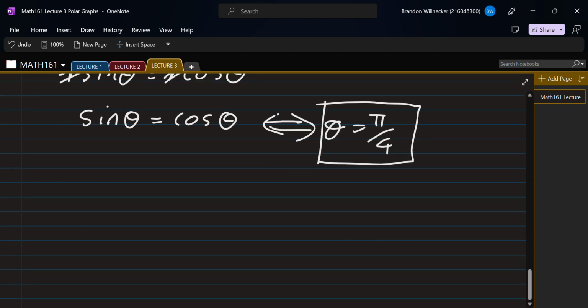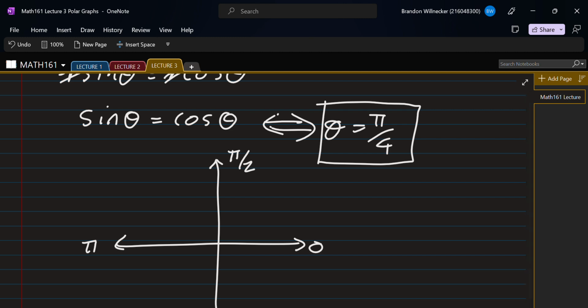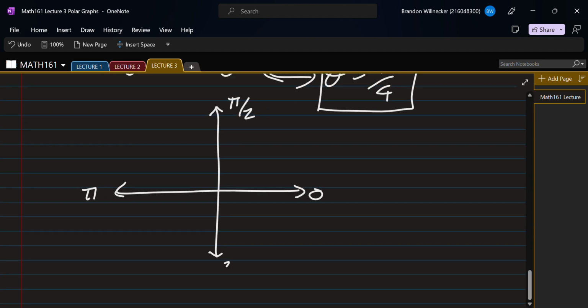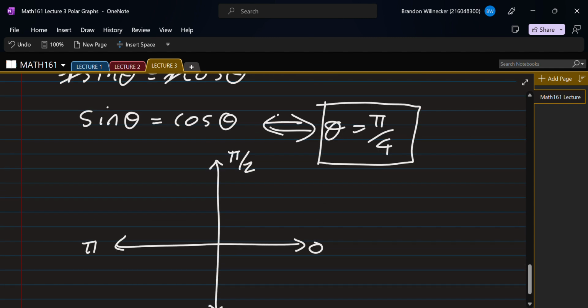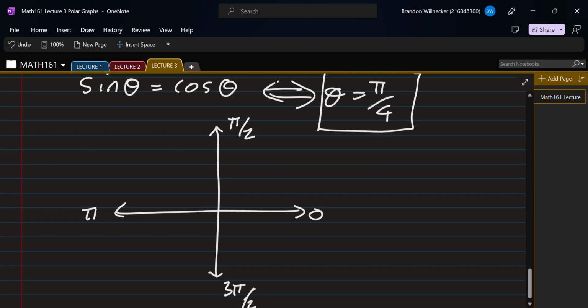What this means is if we draw our angles here, so 0, pi over 2, pi, and 3 pi over 2, what this equation is telling us is that the angle of whatever graph we have is always pi over 4. Doesn't matter what the radius is, it's always pi over 4.